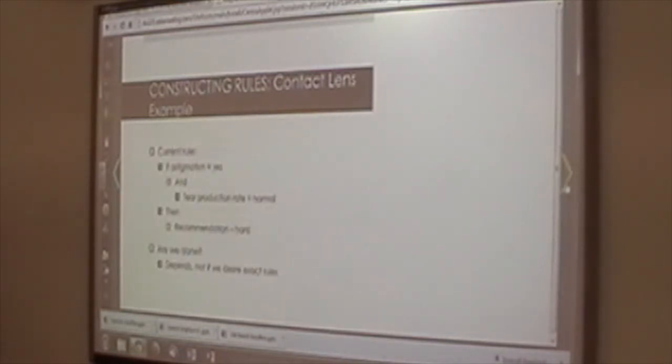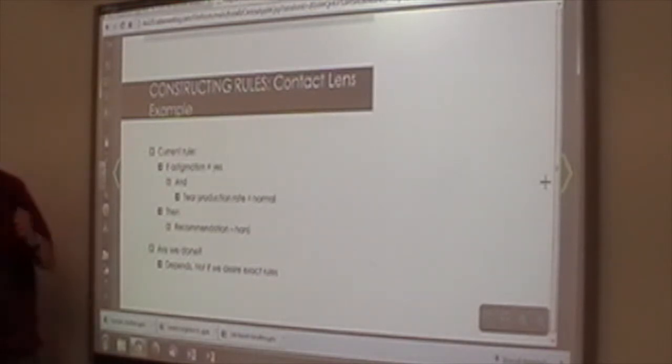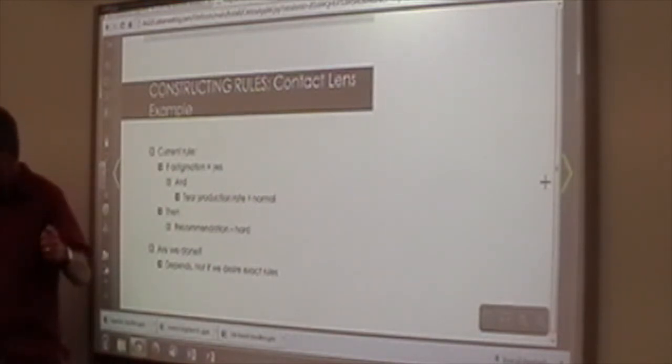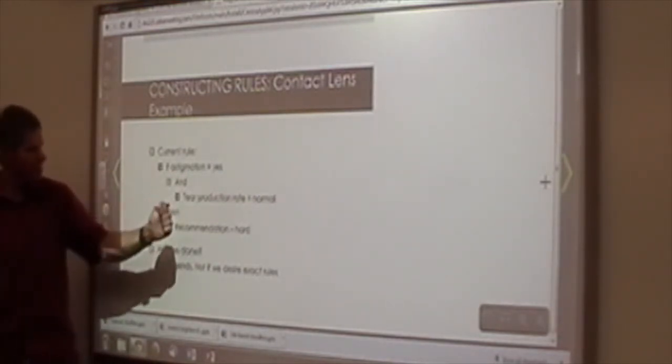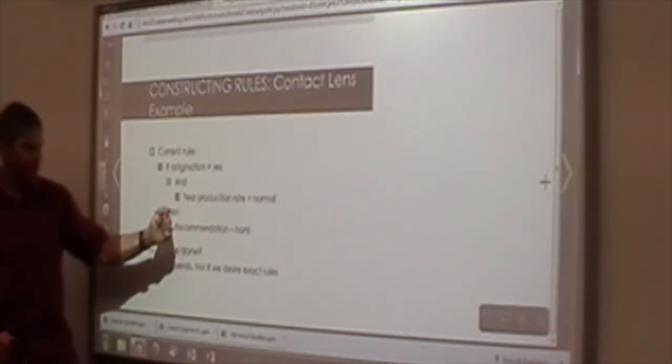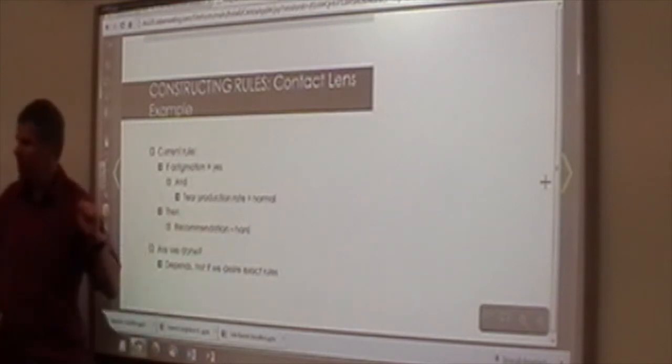So at this point, our current rule stands as follows: if astigmatism is yes and tear production rate is normal, then we'll have a recommendation of hard lenses.